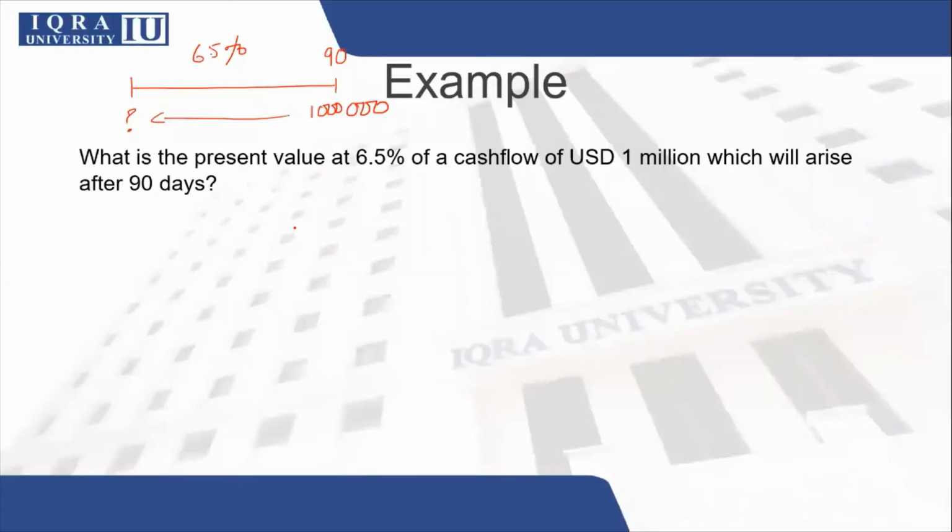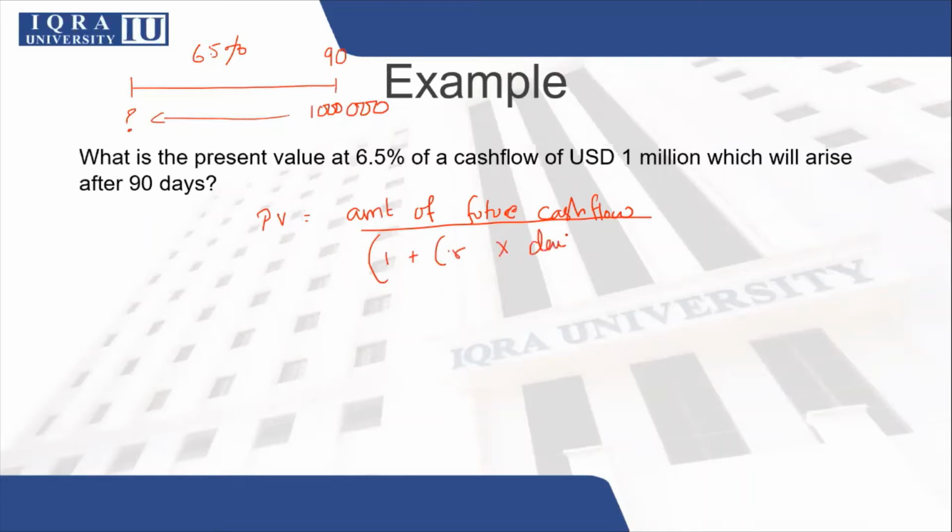So we're going to write the present value formula, which is the amount of future cash flow divided by one plus the interest rate. I'm just going to write R for interest rate times days over year.